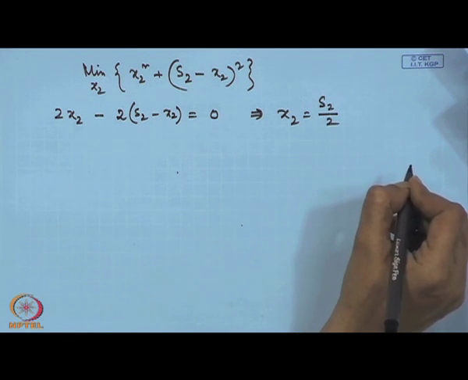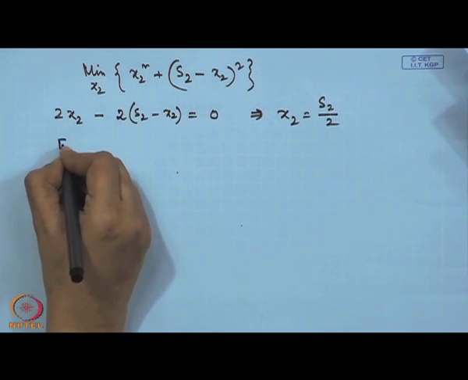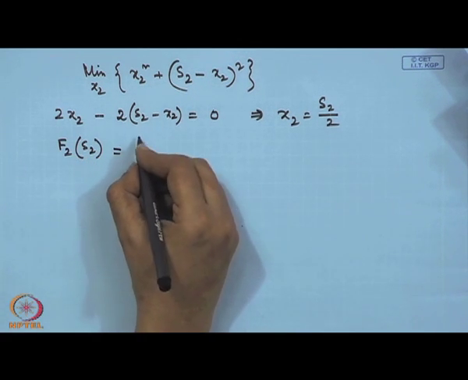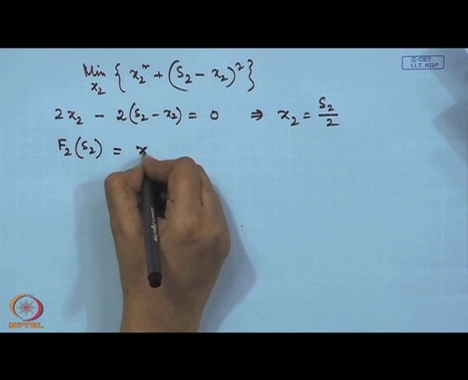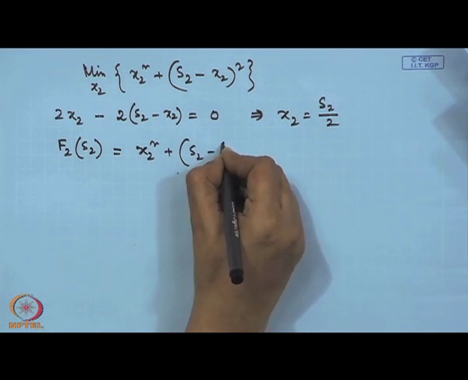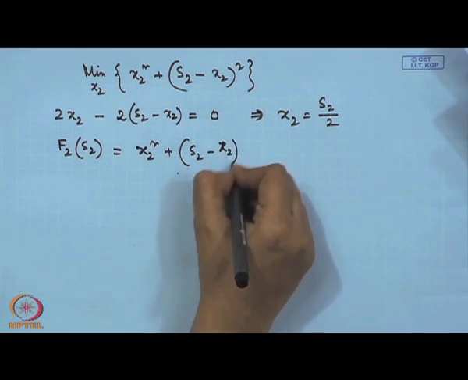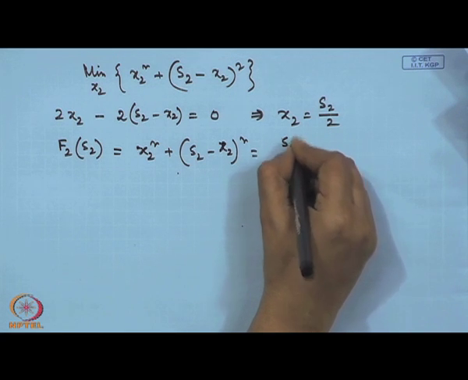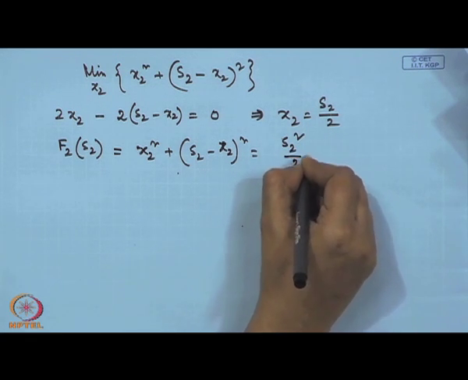Once we have done so, then our f2 s2 can be nicely calculated, s2 square by 2 plus (s2 minus x2) whole square. After substitution of this, we will get this value as s2 square divided by 2.